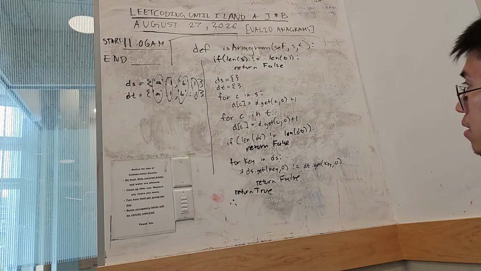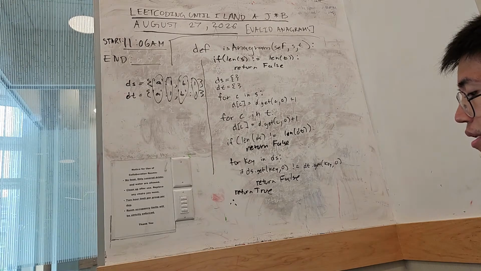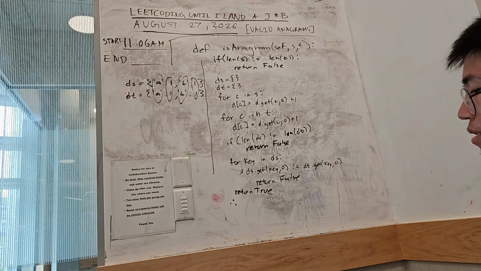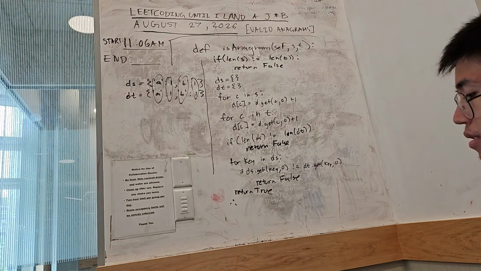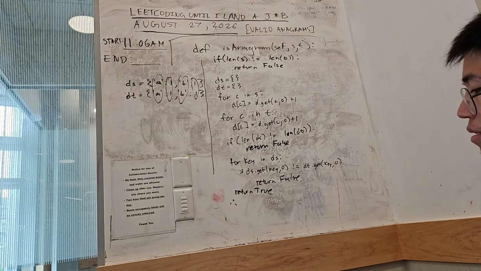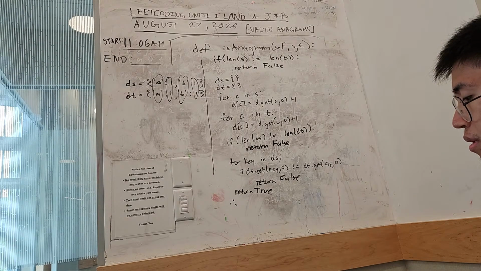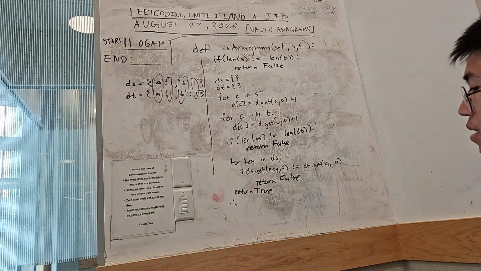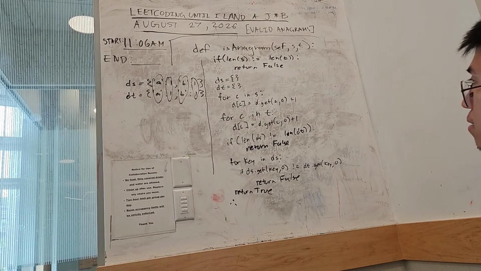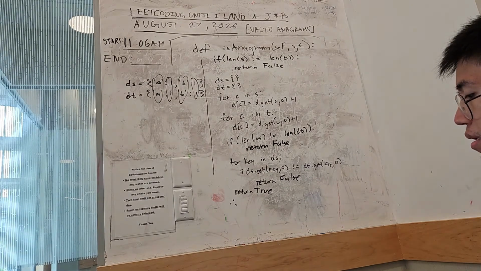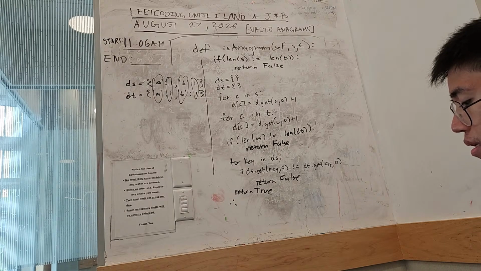Say for each character C in S, d of C equals d dot get C 0 plus 1. For C in T, we say d of C equals d dot get C 0 plus 1.